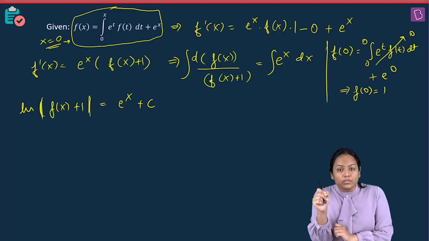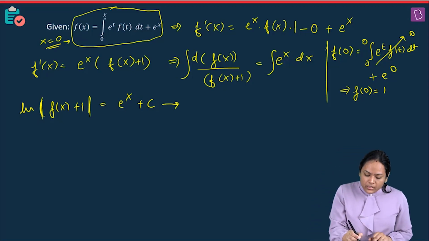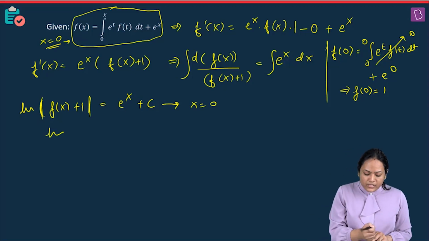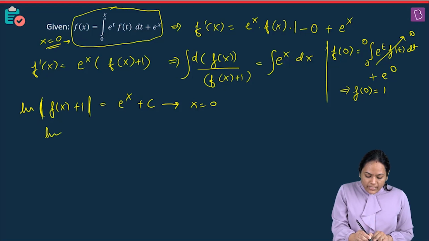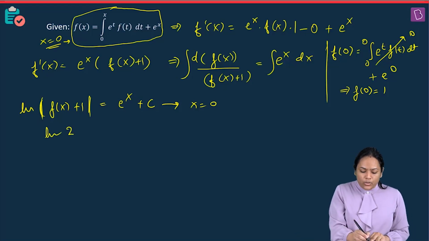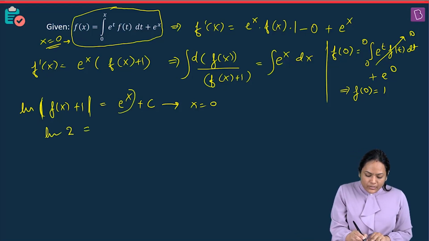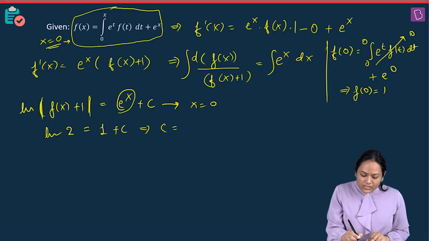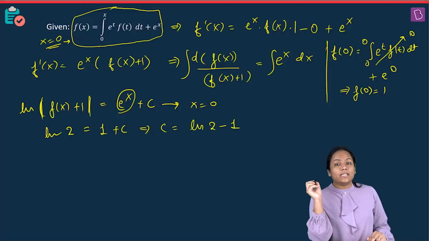Why have I found this? Because if here I put x equal to 0 on both the sides, since my f of 0 is 1, my left hand side is going to become ln 2 is equal to e raised to 0, well that is 1, plus c. We have got the constant c, right? So my constant c value will be nothing but ln 2 minus 1.